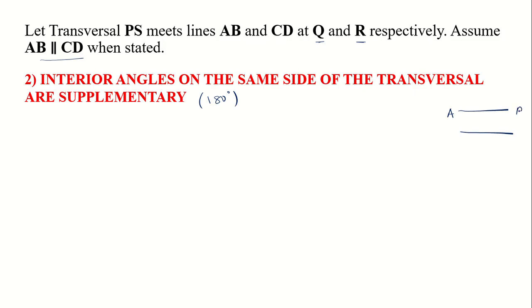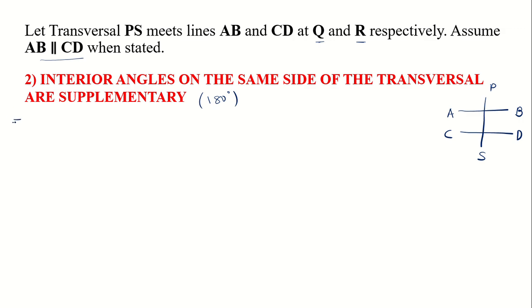Let this be your line AB and let this be your line CD. So these two lines are parallel to each other, and a transversal PS cuts through these two parallel lines. Okay, so whenever a transversal cuts through two parallel lines, we have statements that corresponding angles are equal and vertically opposite angles are equal.